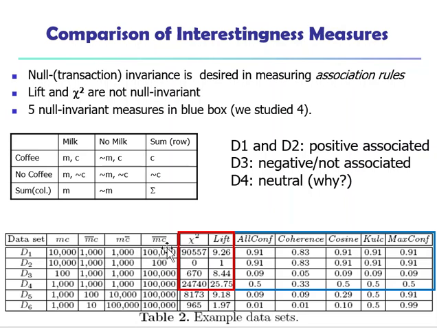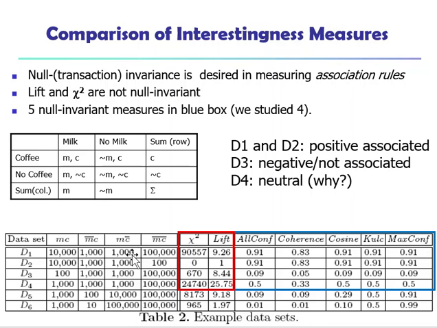It is because the difference was caused by the non-transactions. If you use the chi-square formula to compute that, you will see that the non-transactions influenced the final chi-square values greatly. Similarly, with lift, we see the same issue here.